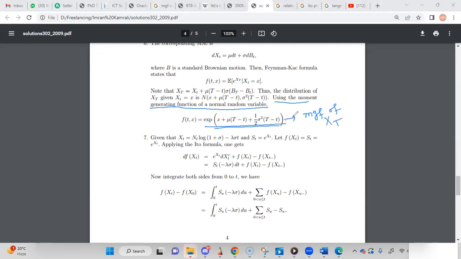This is the MGF of x. So this is the moment generating function of x of t. So this must be equal to the expectation of e to the xt given ft, which is this. So this is going to be the solution to the PDE that we had.